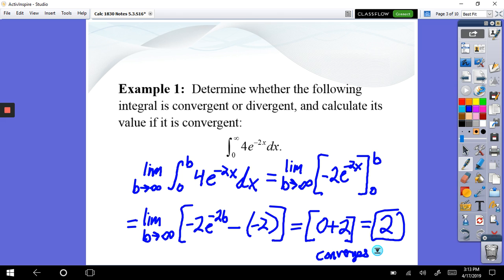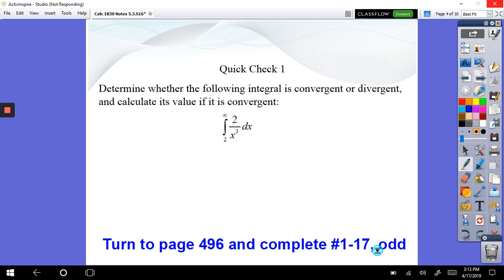All right, moving right along. Same deal, let's determine if this one converges or diverges. So we go limit as b approaches infinity, from 2 to b.